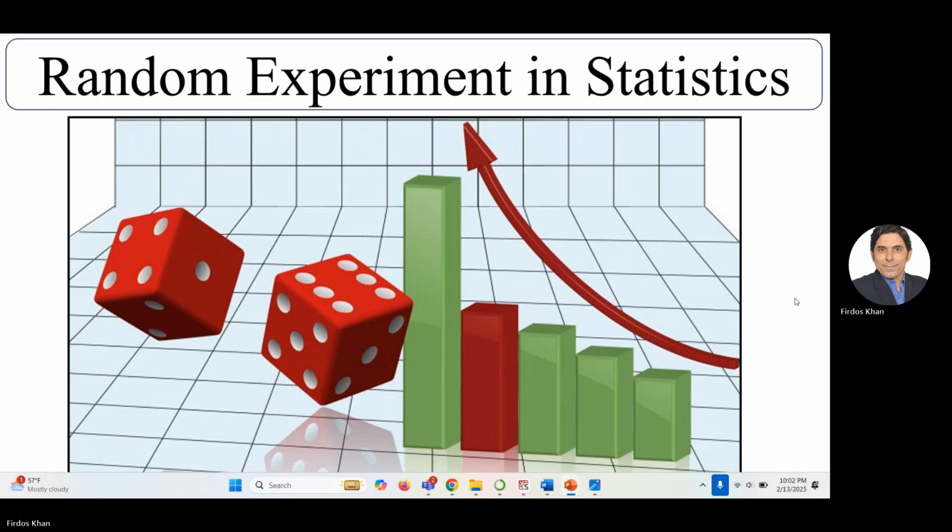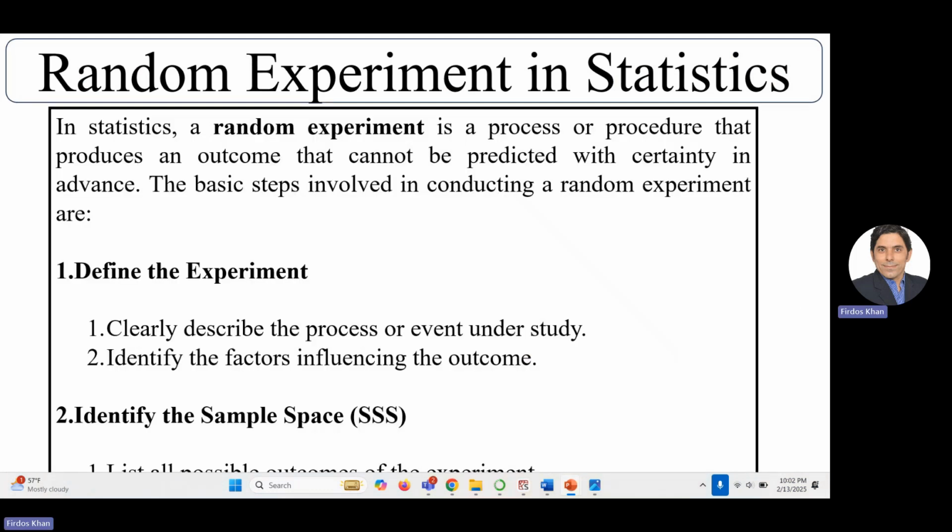Okay, let's see. In statistics, a random experiment is the process or procedure that produces an outcome that cannot be predicted with certainty in advance. The basic steps involved in conducting the random experiment are: define the experiment, clearly describe the process or event under study, and identify the factors influencing the outcome.